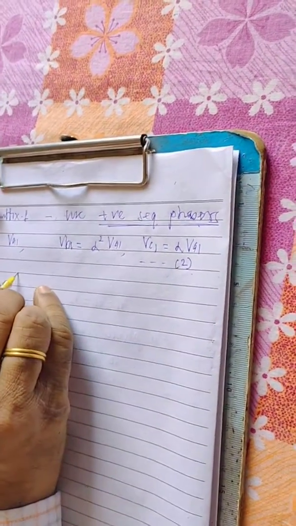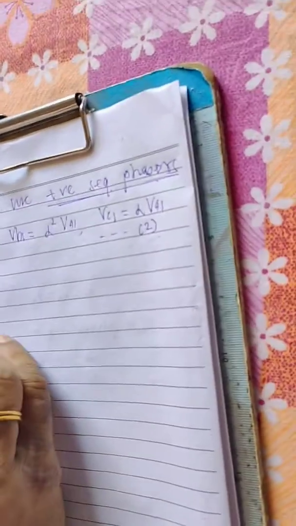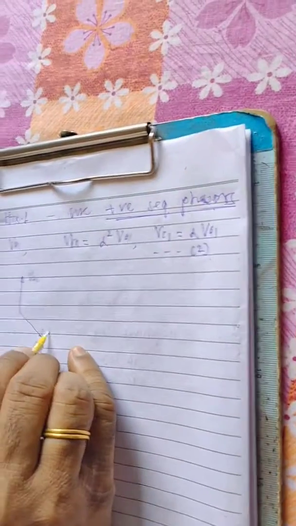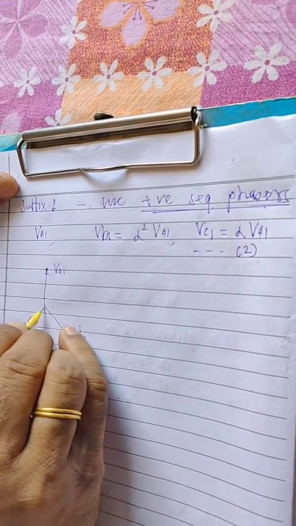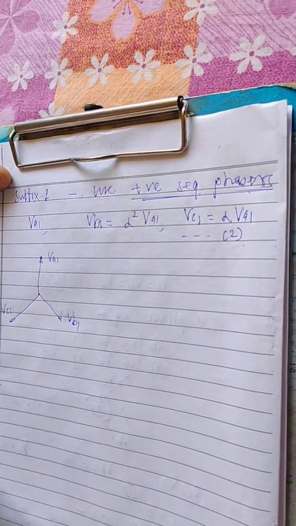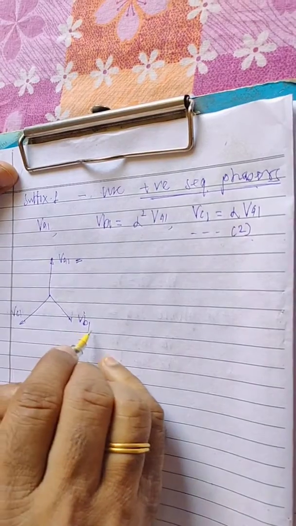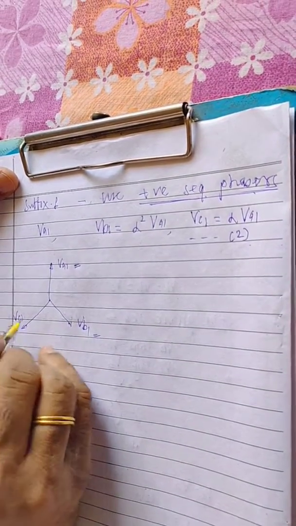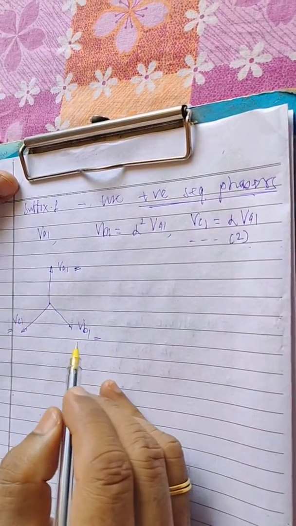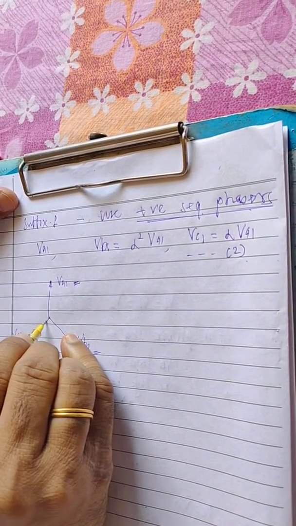Similarly, we can show this is VA1, this is VB1, this is VC1, the positive sequence voltage phasors. This is 120 degrees.